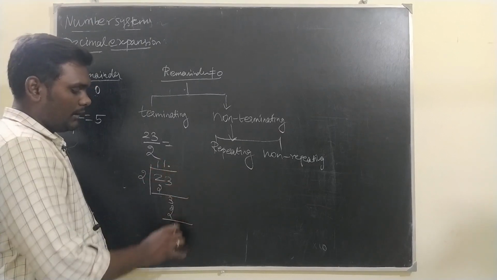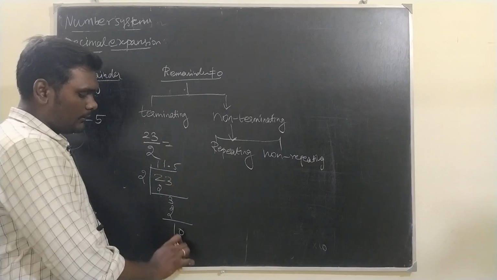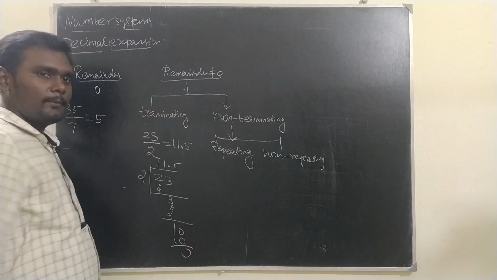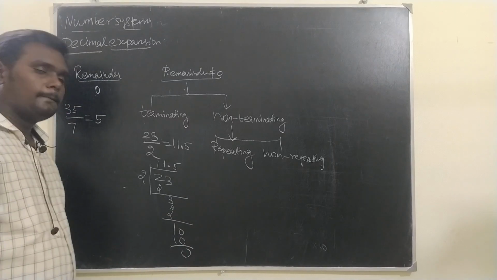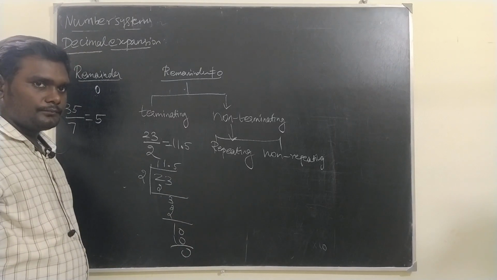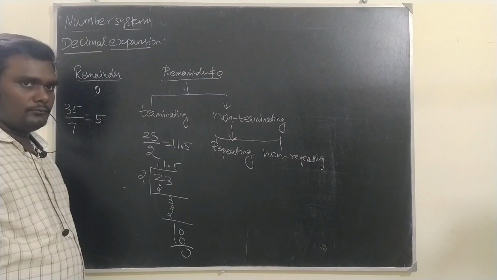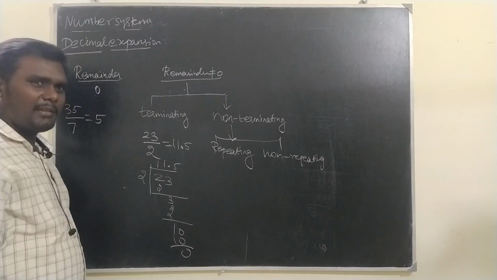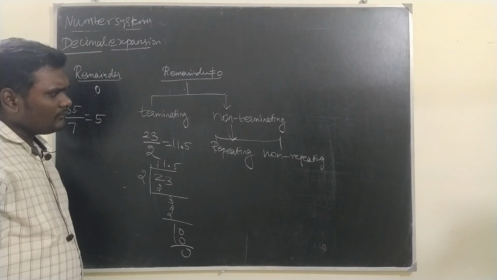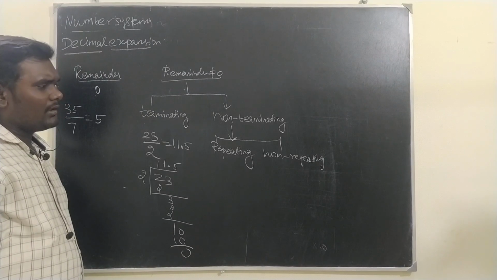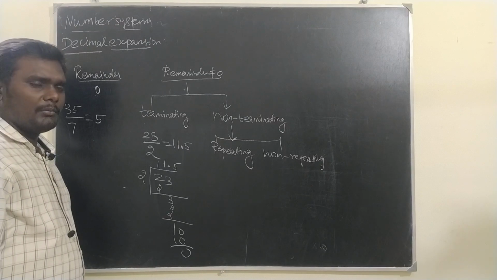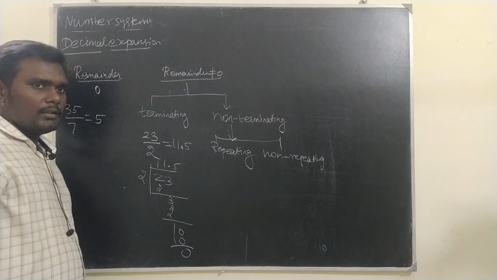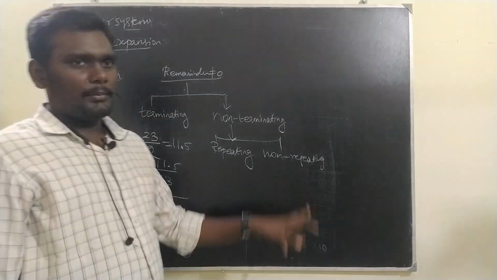Remainder 1. Decimal point 0. 5 twos are 10. So 11.5. What kind of decimal expansion is it? Terminating. Terminating means there is no repeating or non-repeating. Only non-terminating has repeating and non-repeating.